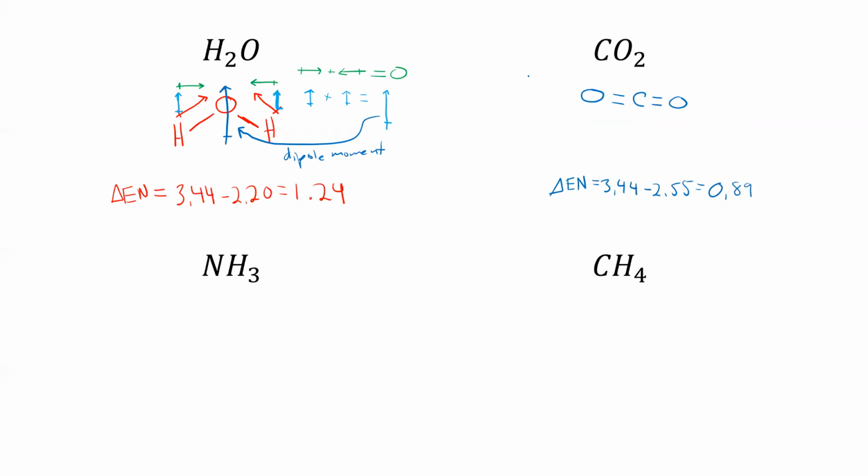Okay, and so when you draw these in here, each of those are pointing toward the oxygen. So 0.89 from carbon to oxygen there, 0.89 from carbon to oxygen there. Now those two arrows, because of the molecule's linear shape, when you add those two arrows together, you find that those arrows sum to 0. And when they sum to 0, you get a nonpolar molecule.